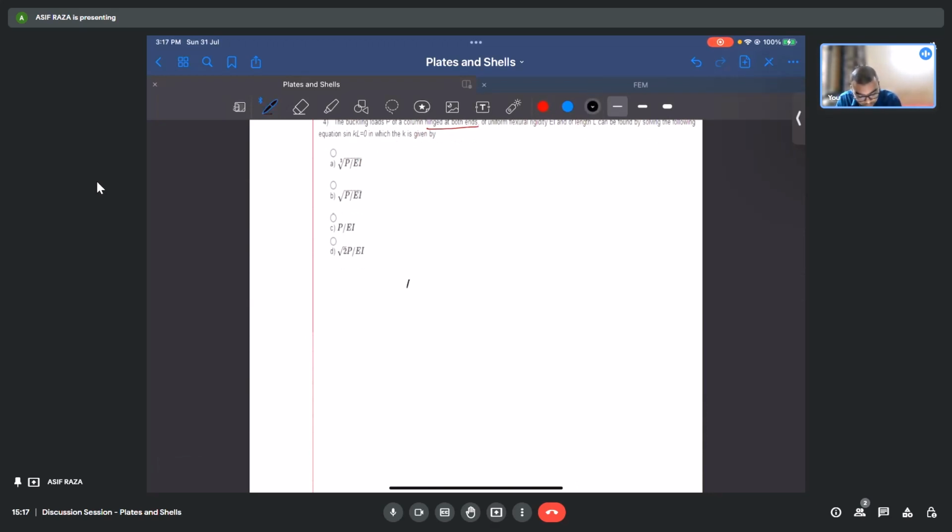We know the equation EI d2y upon dx square plus Py is equal to 0, which can be simplified as d2y upon dx square plus P upon EI y equal to 0. Take y is equal to e to the power mx.